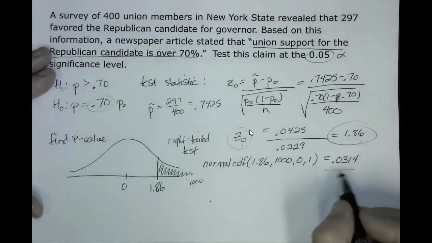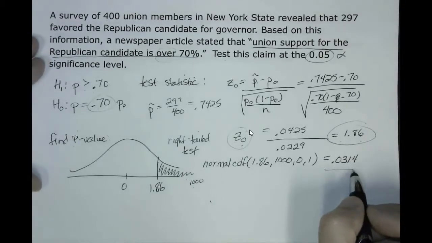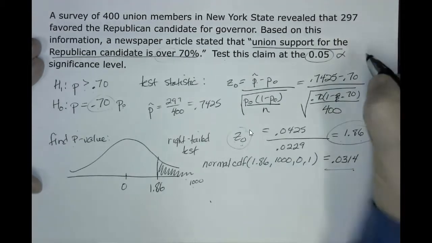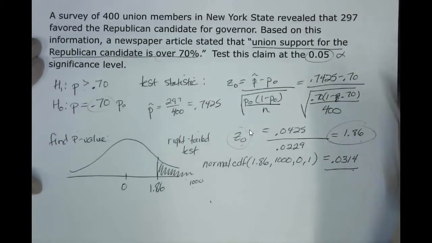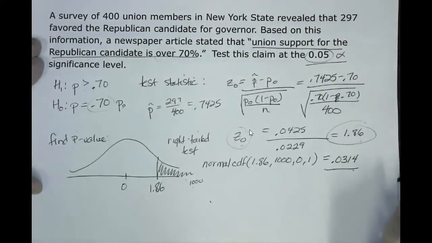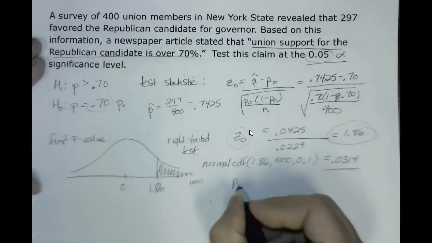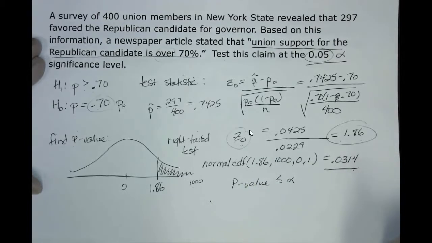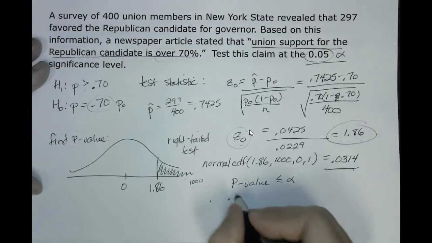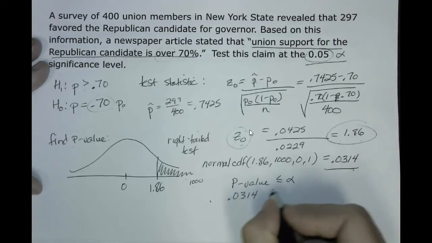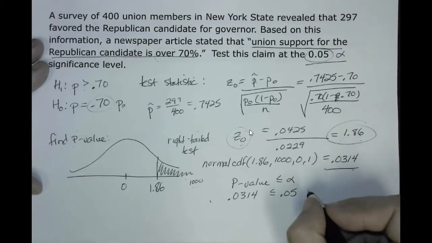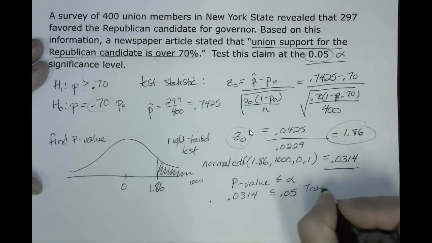Okay, then if you have the p-value and you're trying to find the conclusion for the test, this is where you compare the p-value and the alpha. So here's our p-value. Our alpha up here was 0.05. What you want to know is whether the p-value is less than or equal to alpha or not. So you take your p-value and put it on this side, take your alpha and put it on this side, and we want to know whether this is true or false.